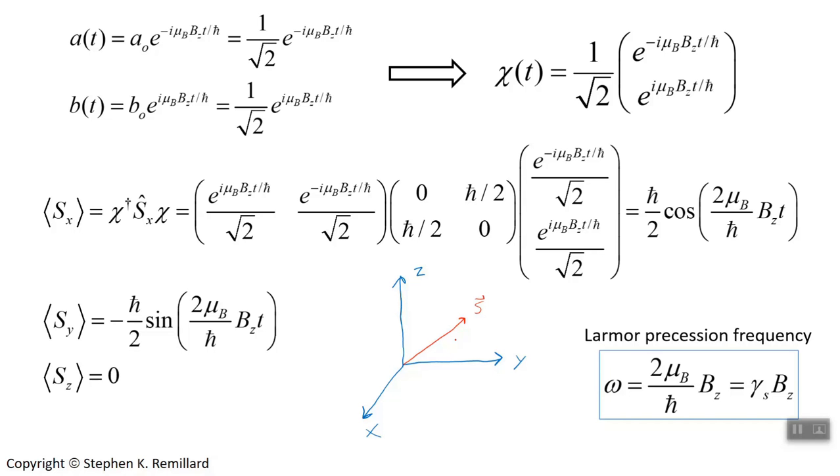Now, one thing I can say about the spin vector is that its x and y components are oscillating together. One is getting bigger at the same time the other is getting smaller. I mean, you see that in the result. They're cosinusoidal. And so this spin vector is constantly orbiting around the z-axis, going around and around, making some angle with the z-axis.